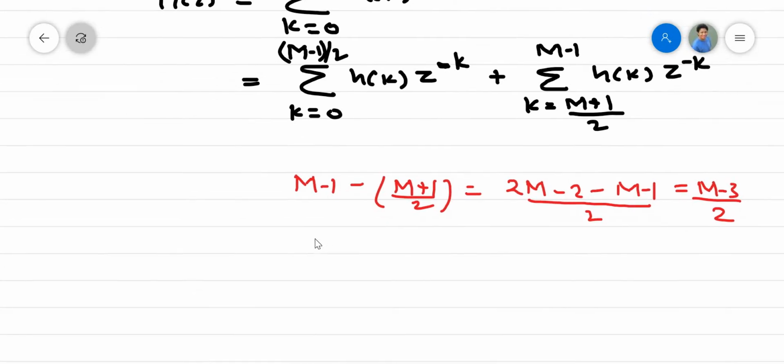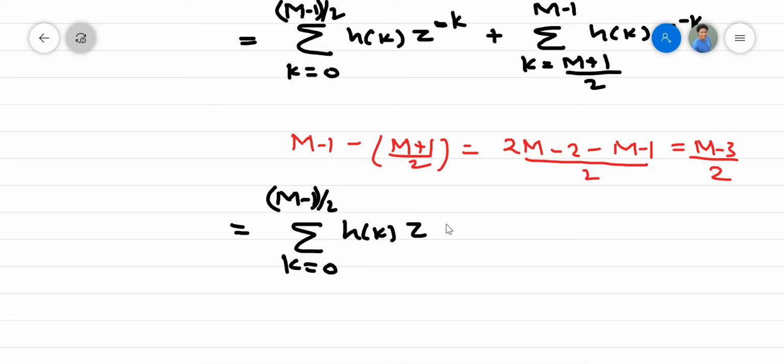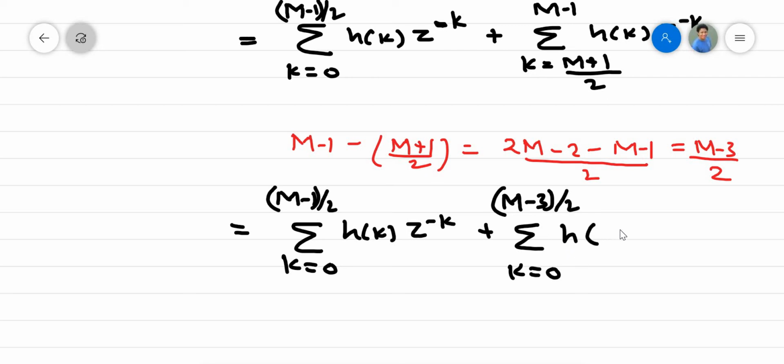So if we rewrite this equation, it is the summation k equals 0 to (M minus 1) by 2 of h[k] z^(-k), plus the summation k equals 0 to (M minus 3) by 2, but then this h[k] will be changed to h[M minus 1 minus k] z^(-(M minus 1 minus k)).